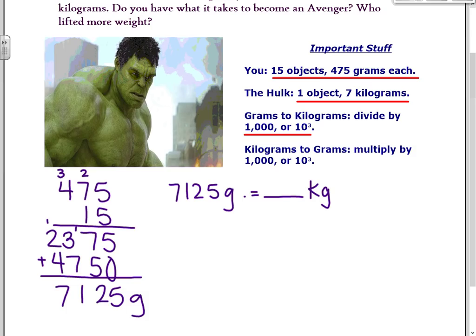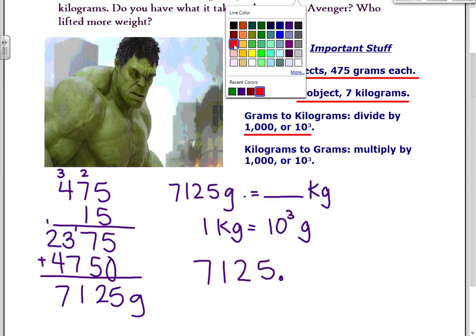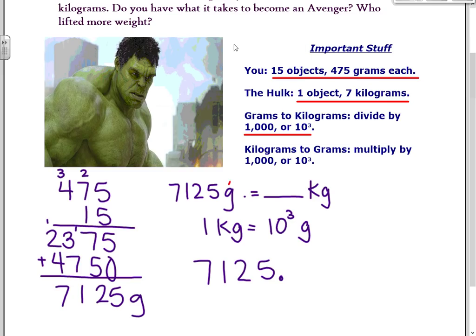Our conversion is that 1 kilogram equals 10 to the third, or 1,000 grams. So we are simply going to take my 7,125, whose decimal point is at the end, and since I'm going from a smaller to a larger unit, I'm going to divide by 10 to the third, 3 places.